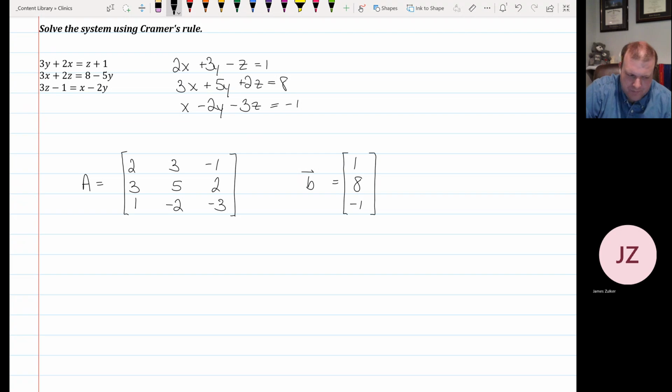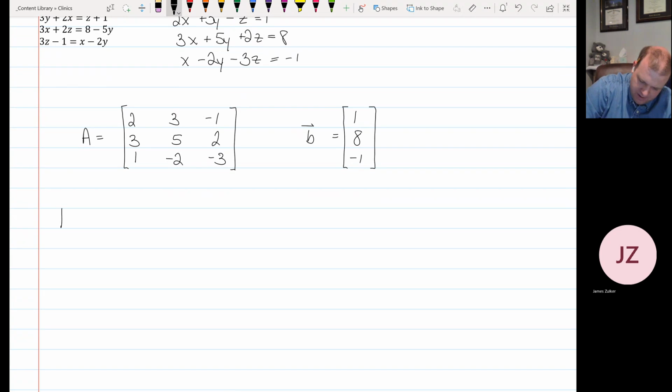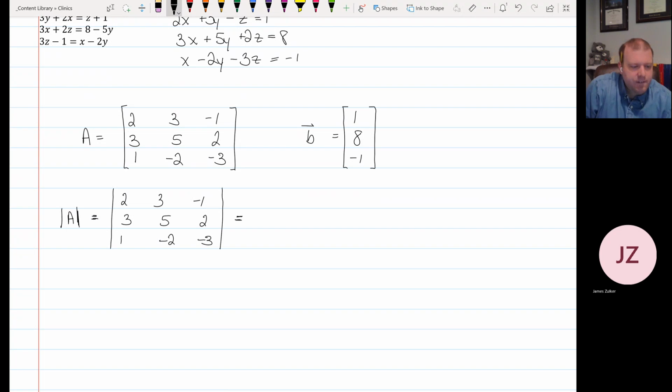First, we're going to want the determinant of A. We wind up getting as our determinant -22.